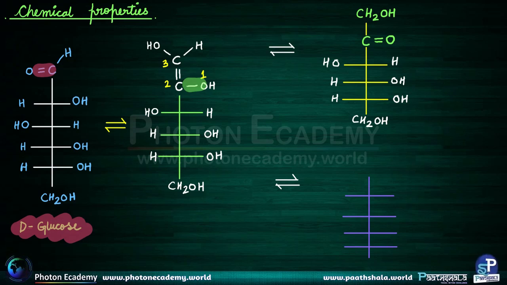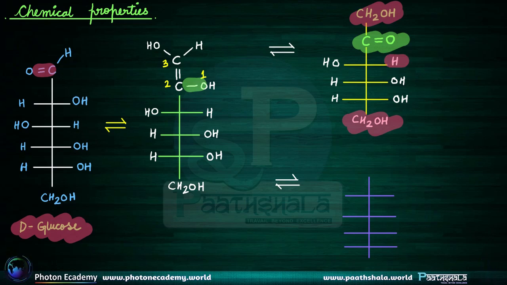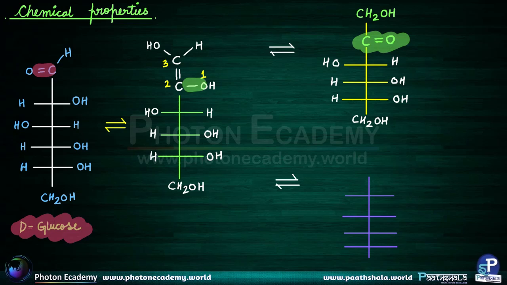See, a CH2OH at the top, accompanied by a C double bond O, that is a ketone group, and then we have a CH2OH at the bottom, and H on the left, and the rest of the carbons, and the H on the right on the first one. So we notice that this particular structure is nothing but our D-fructose.